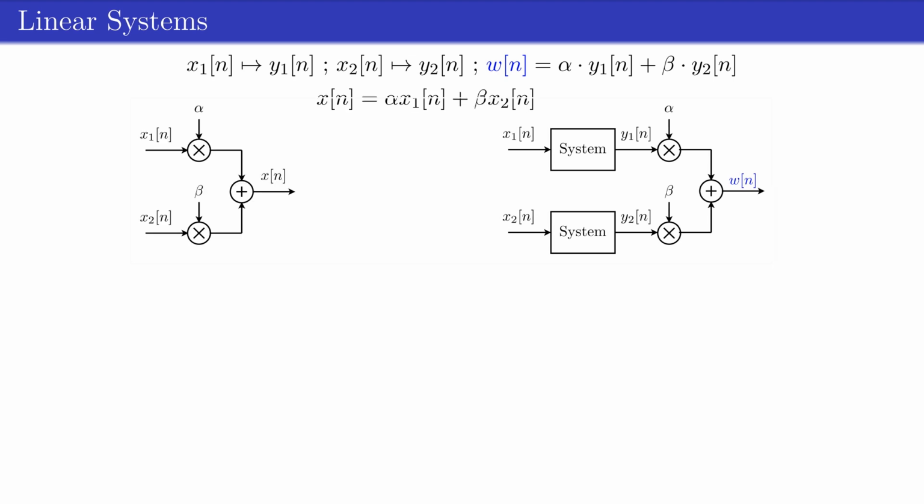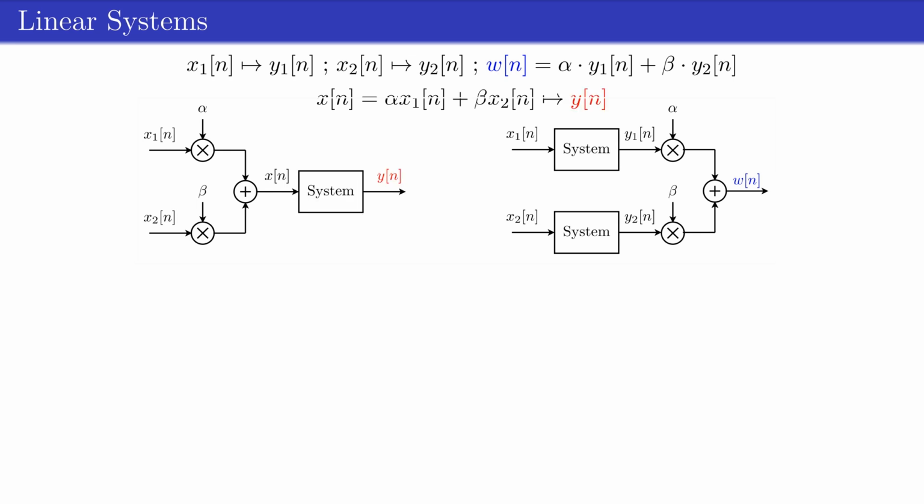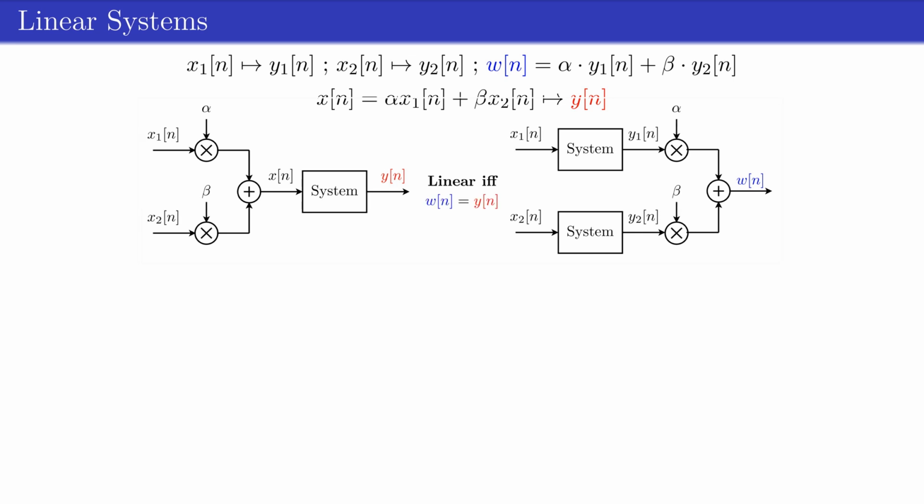On the other hand, when first combining and weighting the two input signals to a new input signal as x[n] is alpha x1[n] plus beta x2[n], and then applying this new input signal to the same system, this results into an output signal y[n]. A system is linear if and only if the two output signals y[n] and w[n] are exactly the same.